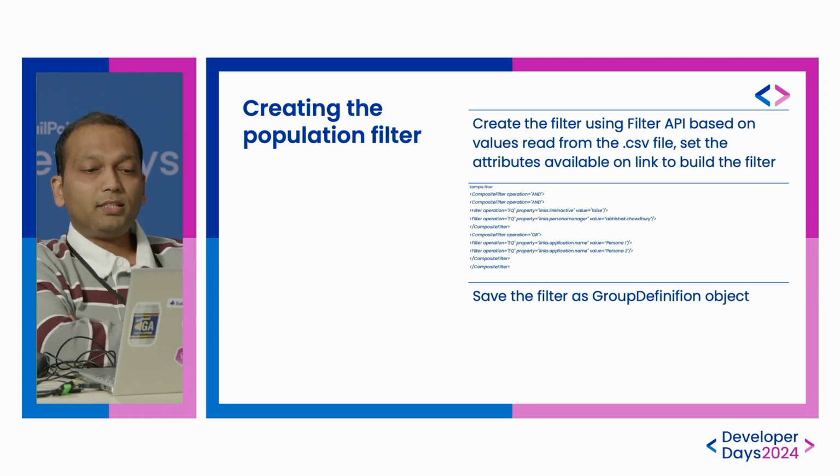So when this filter is executed, SailPoint will pull all the identity cubes where Abhishek is the manager of the persona, either persona 1 or persona 2, and it will group all those identities in a single query. And that's basically what we need for our use case, because we want to group all the identities from the same persona manager in a single certification. And generating this population filter is the key to the solution.